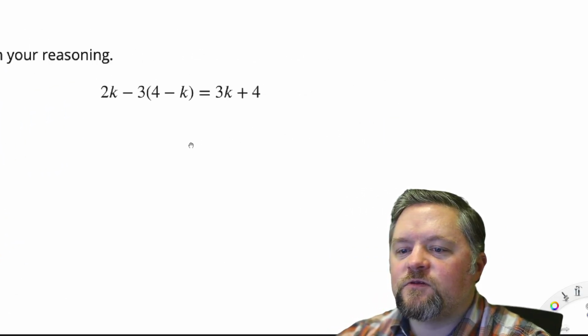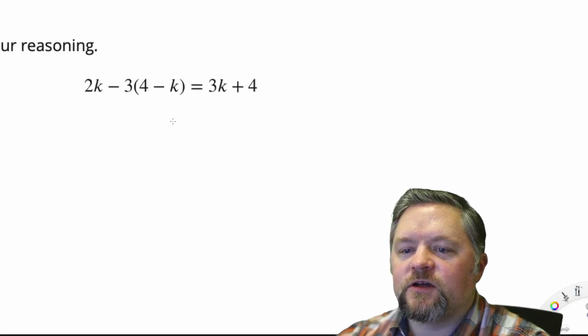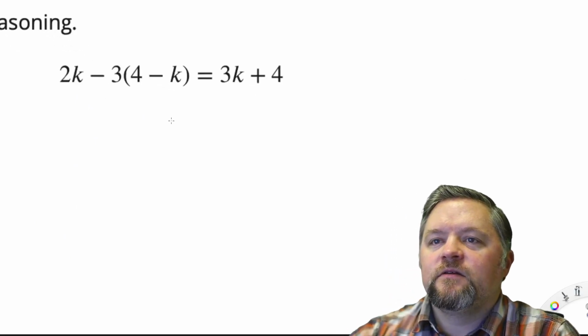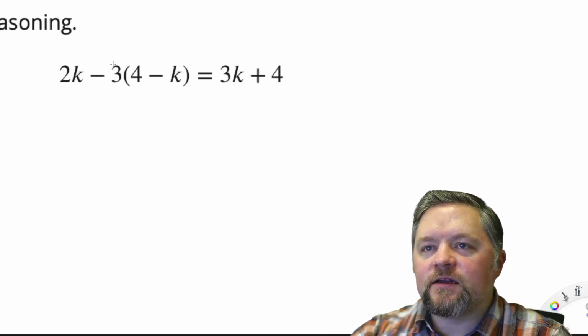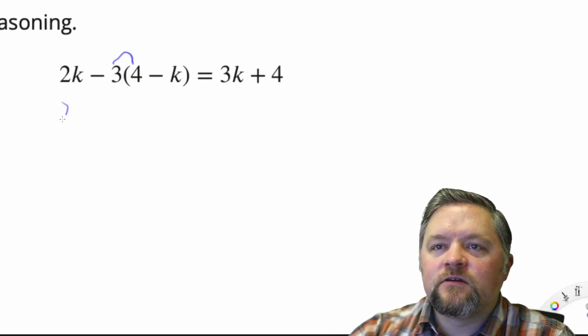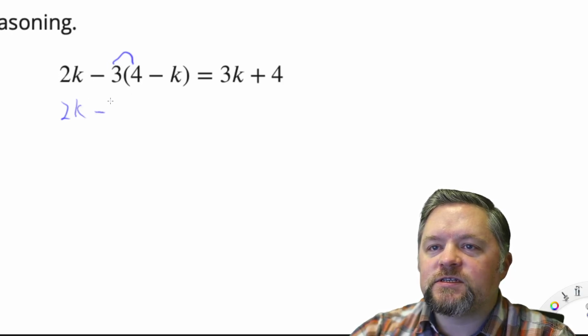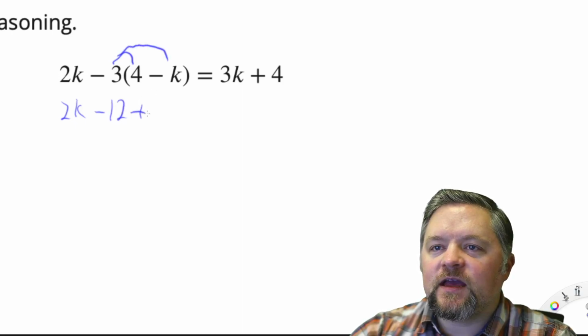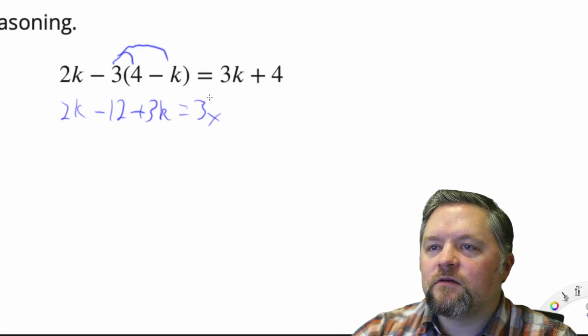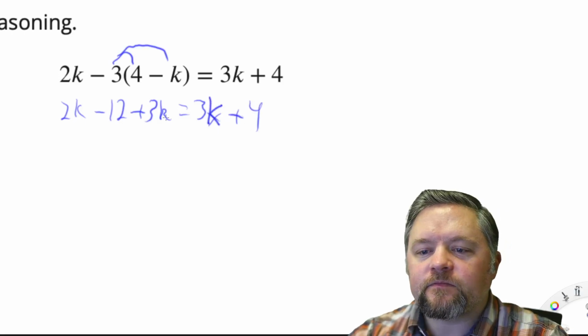I'll move this one over so that I don't wind up trying to do it through my head. Now, let's start out by distributing. 2k, negative 3 times 4 is negative 12. Negative 3 times negative k is positive 3k equals 3 times k plus 4.